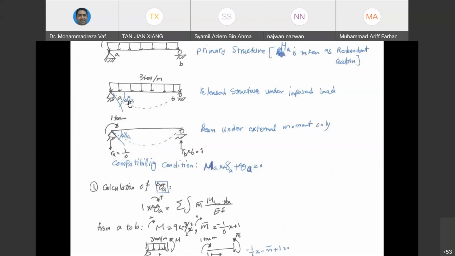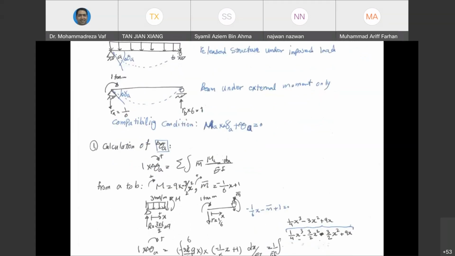So if you want to calculate theta A from the virtual work method, what we need to do is to analyze this structure and get the M, and then analyze the second structure that doesn't have this external load but has a bending moment at point A with the intensity of 1, and then get M bar. So two structures have to be analyzed, structure one and structure two.